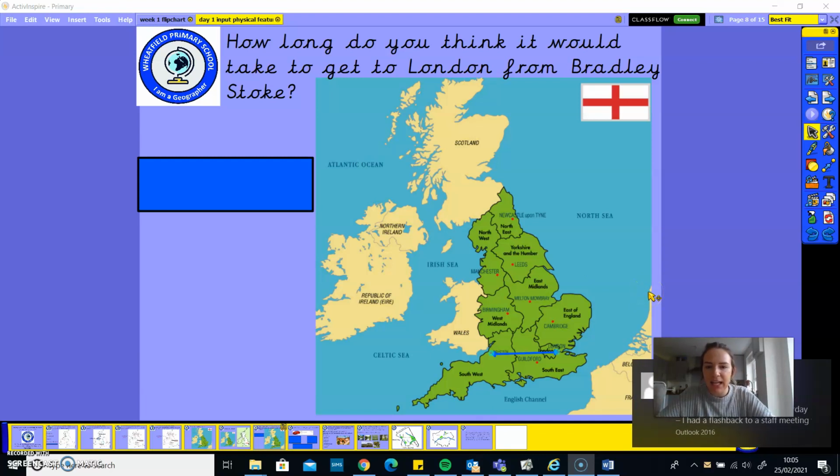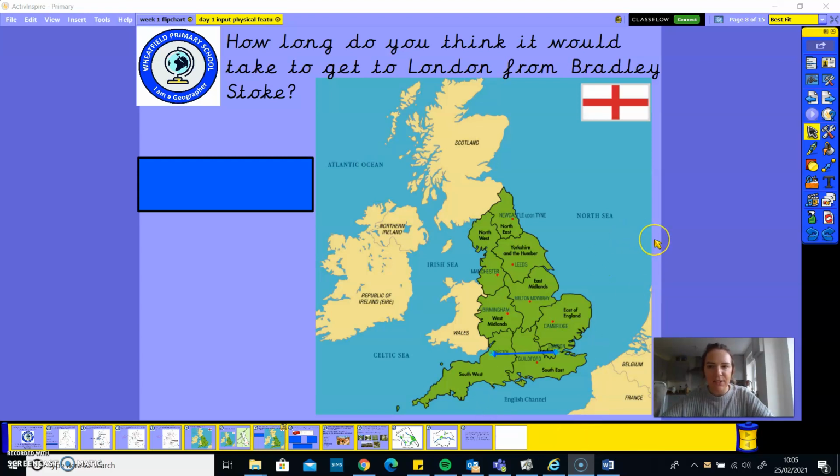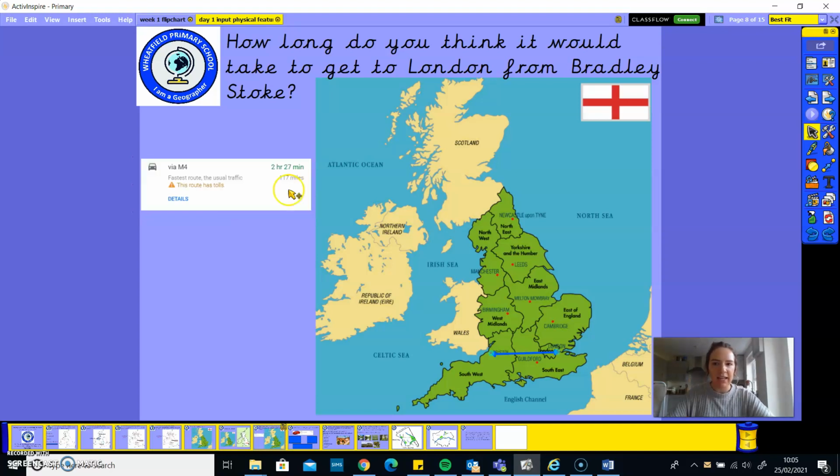More than 3 hours? More than 5 hours? More than 10 hours? Let's have a look. So I put it into Google Maps. I just put from Bradley Stoke, where I was at school when I did it, to London. And it said it would take 2 hours and 27 minutes, which is about 2.5 hours. That was if you were in the car, traffic dependent.